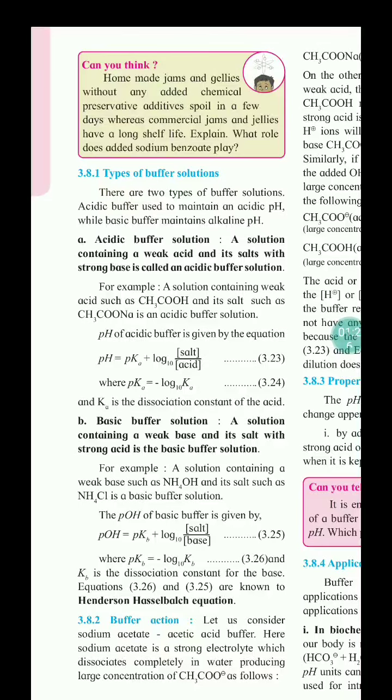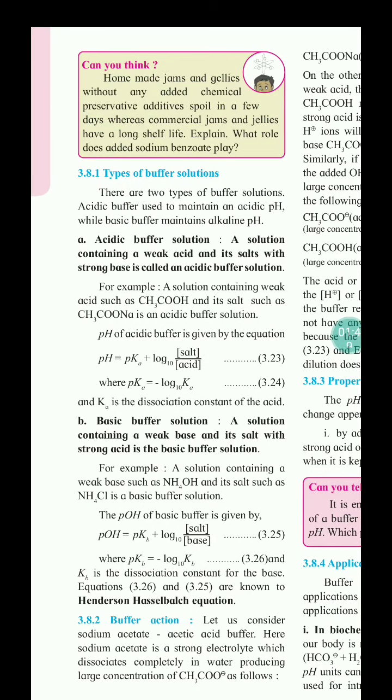There are three types of buffer: acidic buffer, basic buffer, and the neutral buffer. But in our syllabus we consider two types, acidic buffer and basic buffer. An acidic buffer is a solution containing a weak acid and its salt with a strong base.